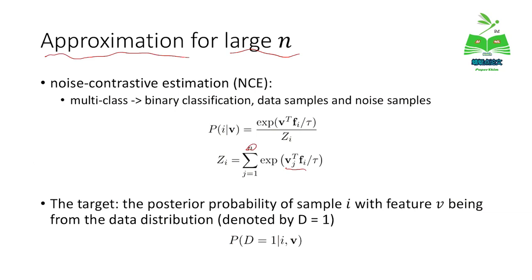But why do we need a large n for this unsupervised feature learning? Because we know in supervised learning, the n can be 10 or 1,000, like ImageNet, 10 for CIFAR-10. But why now do we need a large n?